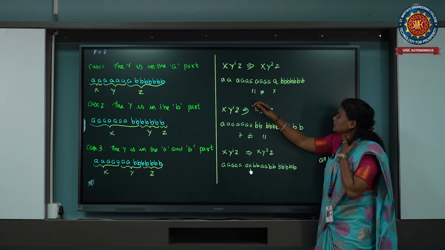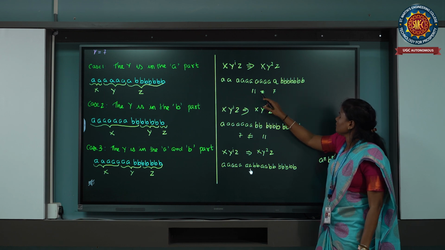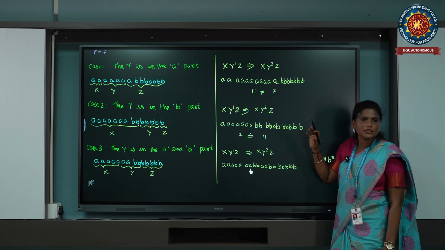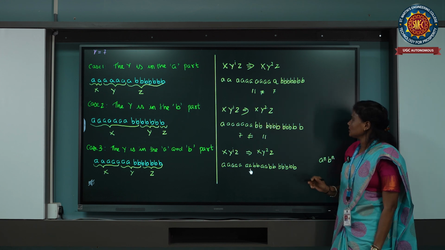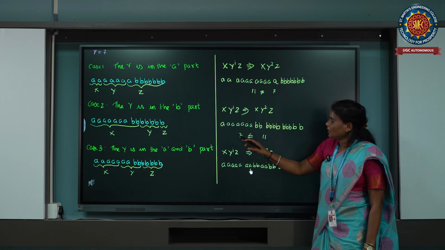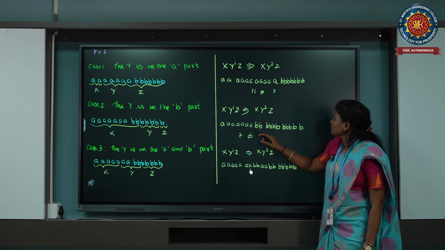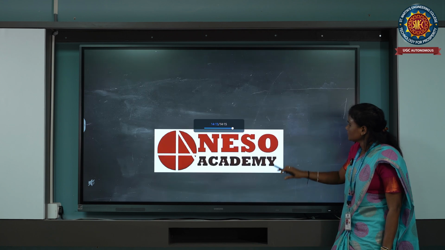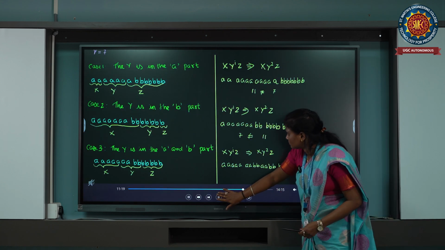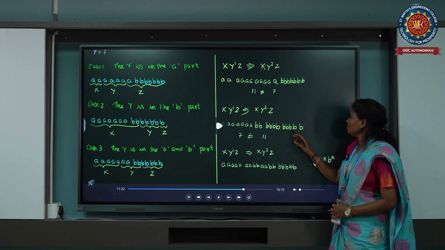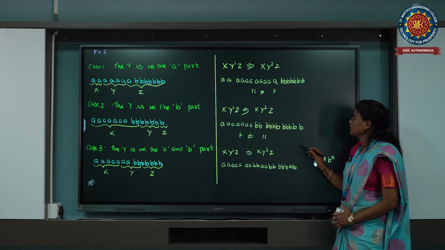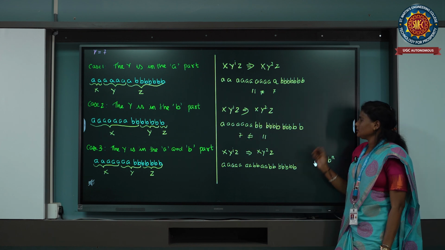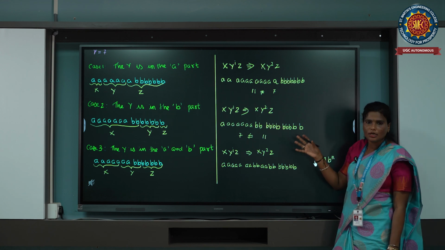So the first condition is not satisfied. The second condition is also not satisfied, because I took y as all B parts. If the B's are increased, that means 11 B's and 7 A's, and 7 is not equal to 11, so this is not following the original language.